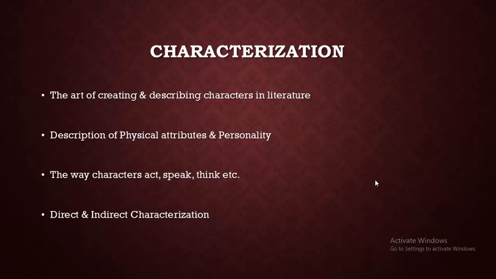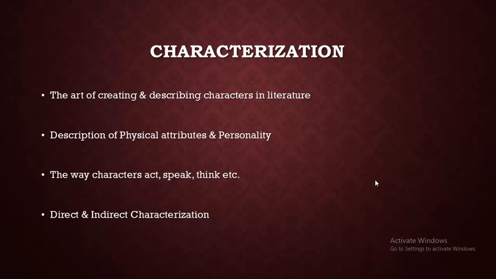And we do not only have the physical qualities described in a story, we also have a description in detail of the personality of a character, what sort of personality that character has, what are his or her thoughts, what are his or her dreams or ambitions, what are his or her fears or apprehensions, etc. So we have a proper detail and description of not only the apparent or physical qualities of a character, but also the hidden, the inner characteristics or the personality of a character, and the way characters act or do things, the way they speak and say words, the way they think and feel, etc. So all these things refer to the art of characterization.